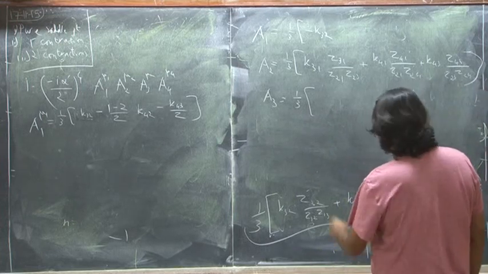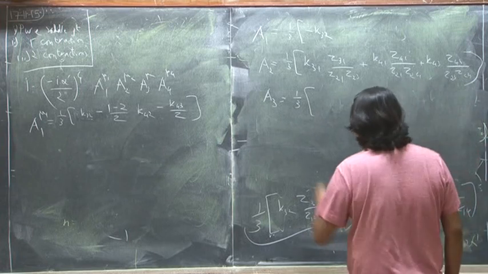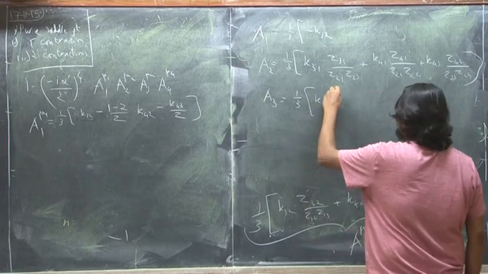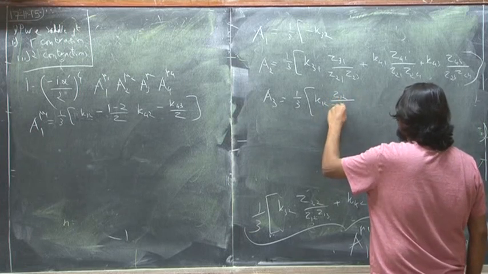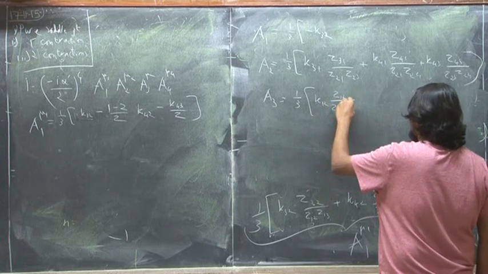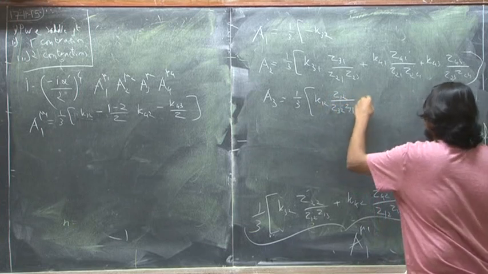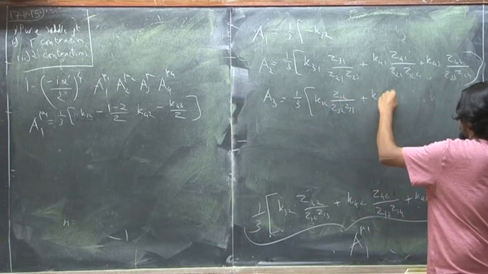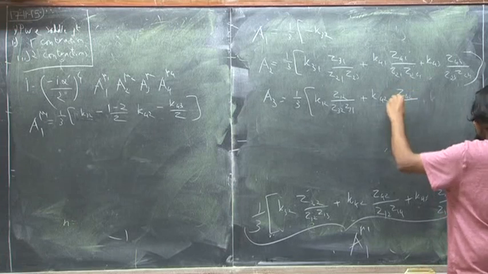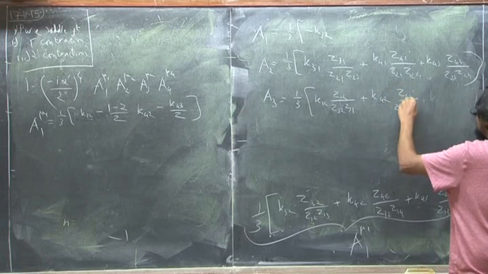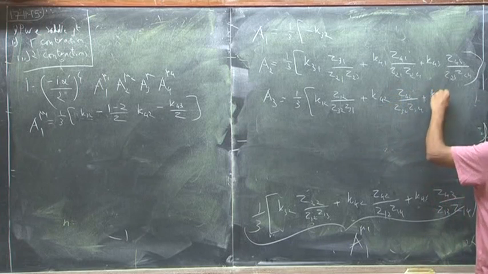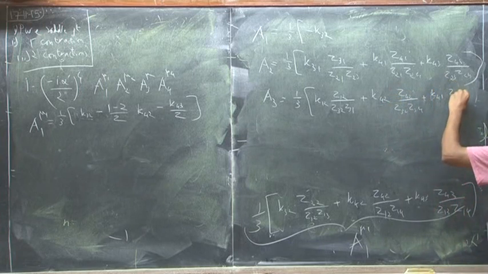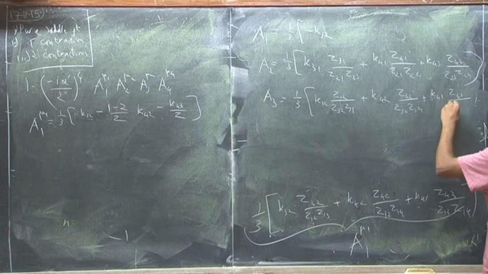A3, and this 1 and 2. So K12, Z12, Z32, Z31, plus K42, Z42, Z32, Z34, plus Z41, Z31.